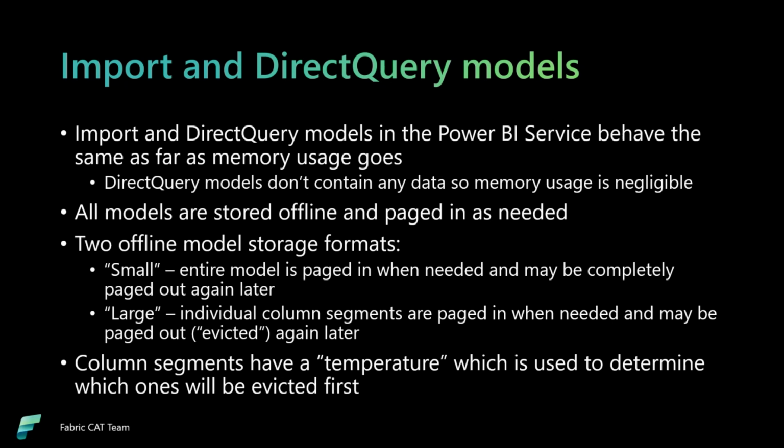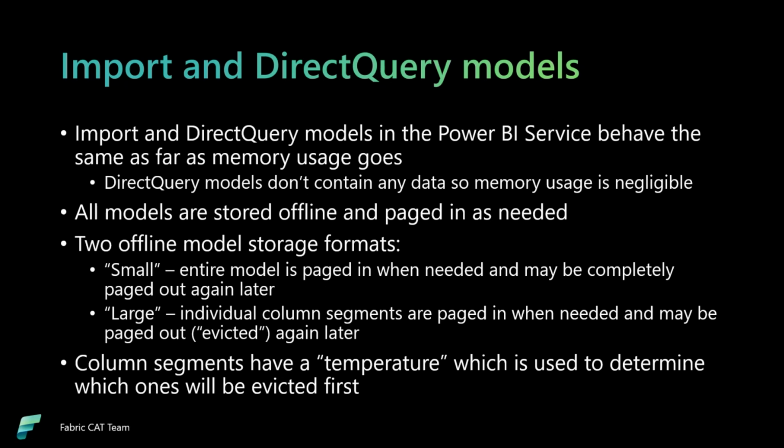There are two potential formats that can be used for an import mode model, or indeed a direct query mode model. There is the small semantic model format, and then there is the large semantic model format. The small one, as the name suggests, is for small models. If you ever want a semantic model to grow larger than 10 gigabytes, you've got to use the large model format.